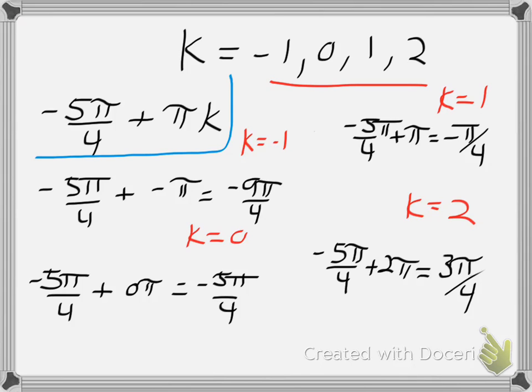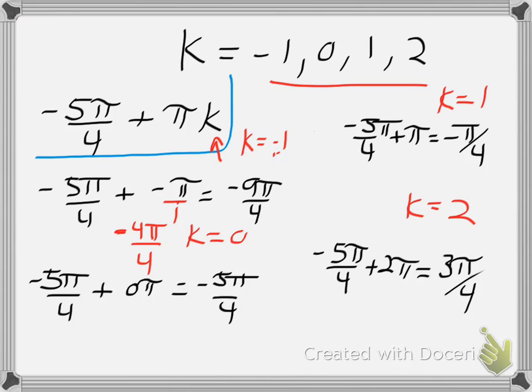For each one of these, I'll put in k is negative 1, so it gives me a negative pi. When I want to add that to negative 5 pi over 4, I need a common denominator. Currently it's 1, so I'll be making this a negative 4 pi over 4. That's what I'll be adding to all of these, in each one of these cases.